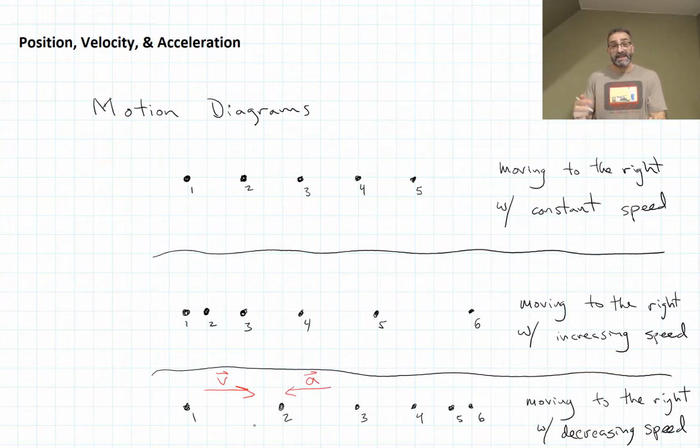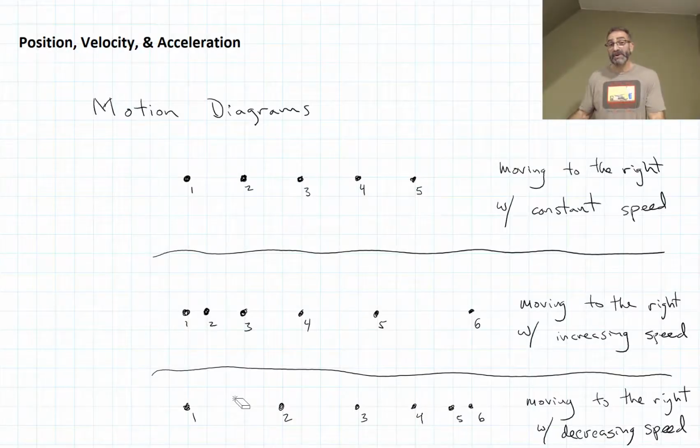And when acceleration and velocity point in opposite directions, the object slows down. We don't know if this acceleration is positive or negative because we never defined a positive direction here. It might be positive to the left. I don't know. We never defined it. But we do know it points in the opposite direction as the velocity.